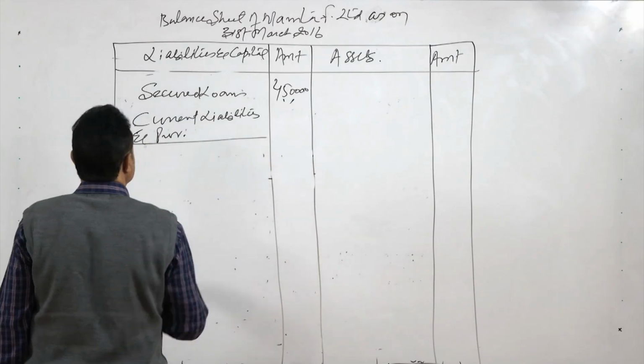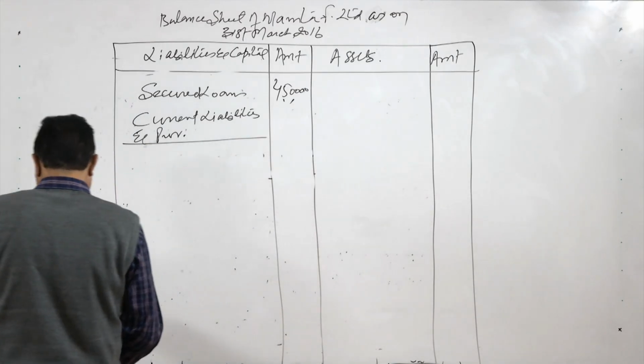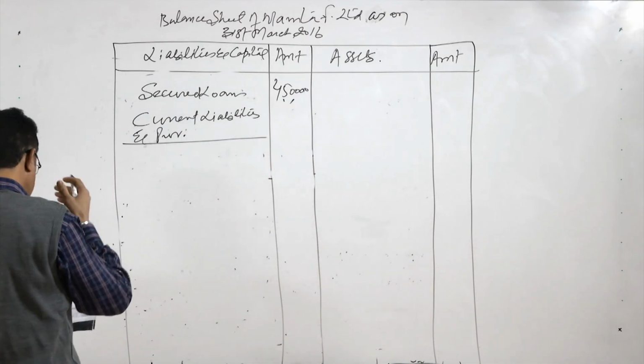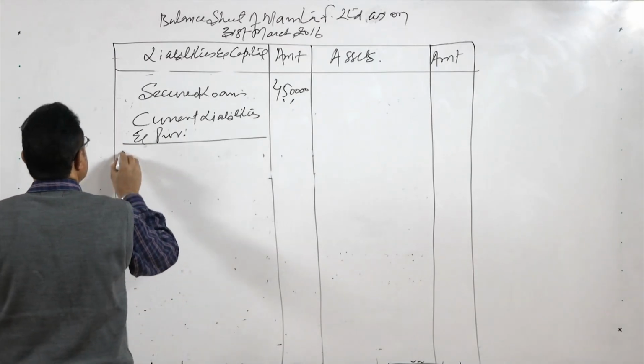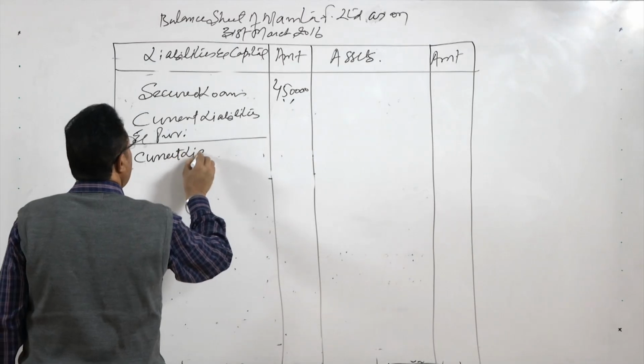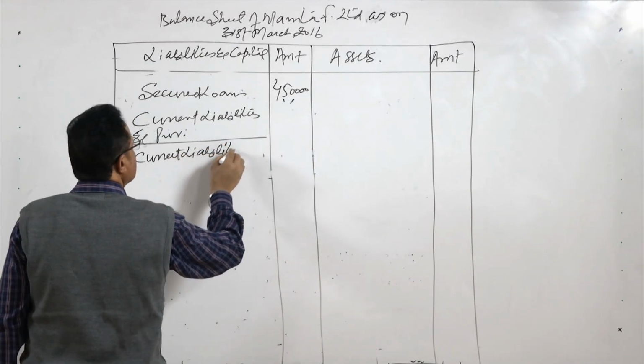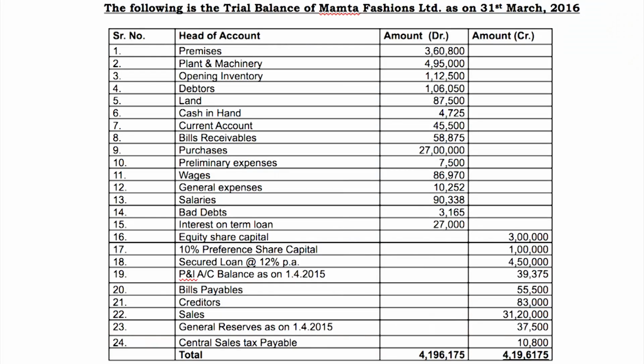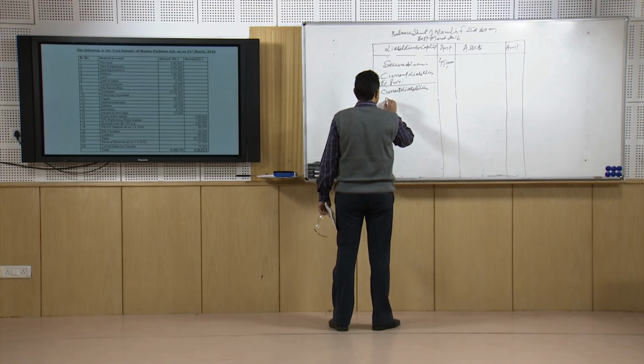Current liabilities and provisions. So now the current liabilities are, first part, that is the A part, the current liabilities this firm is using. What are the current liabilities? Let us see here. You will find in the credit balances all the liabilities. So we have the equity capital done, preference capital done, secured loan done, profit and loss balance adjusted, and bills payable is one current liability.